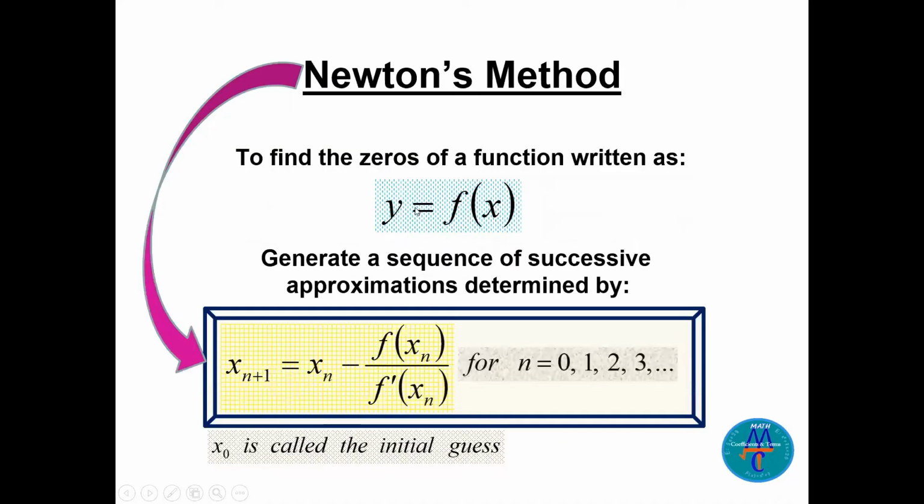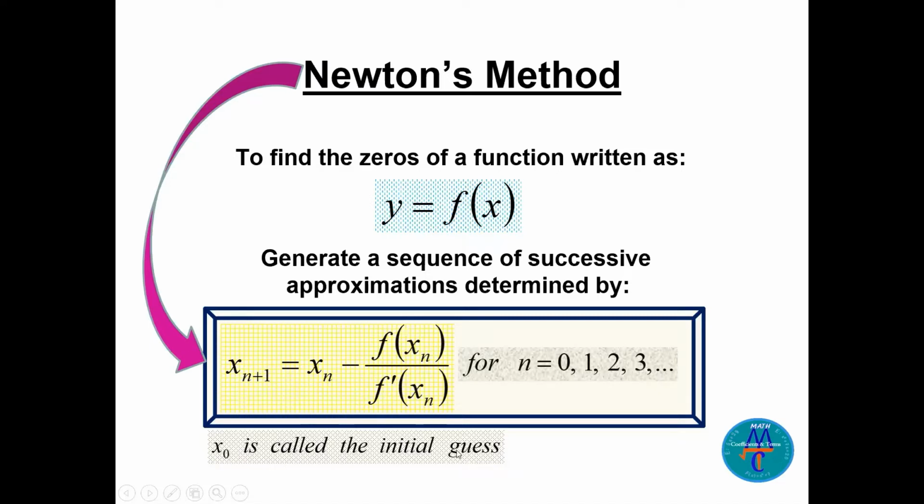Newton's method: we have a function here and we need to find the zero or the zeros of this function. So we have to generate a sequence of successive approximations by this formula. X sub n plus 1 is equal to x sub n minus f of x sub n divided by f prime of x sub n, for n equals 0, 1, 2, 3, 4, 5, 6, etc. X sub 0 is called the initial guess.